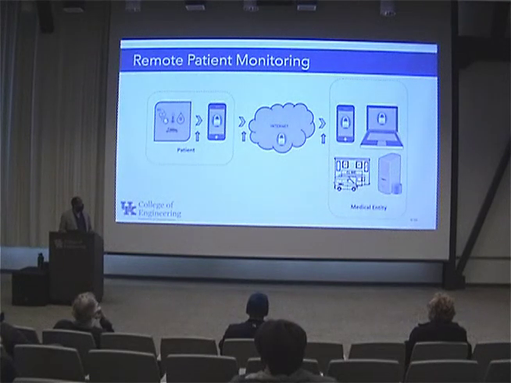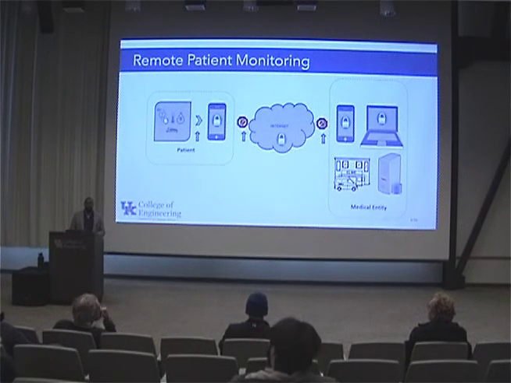So what happens when you have a scenario where internet is not available? The devices can collect the information, but either the internet is not available or it's intermittent, right? And so we talk about how to disseminate information in these types of cases.